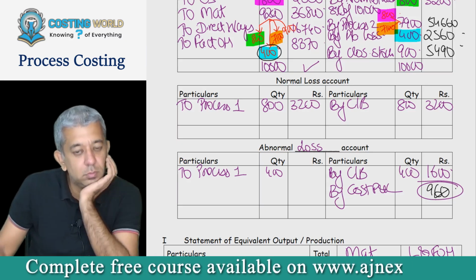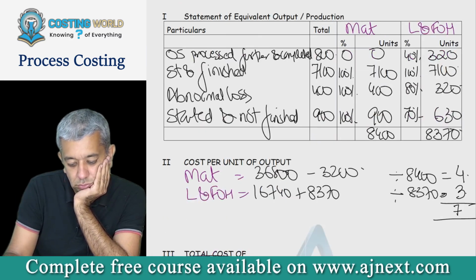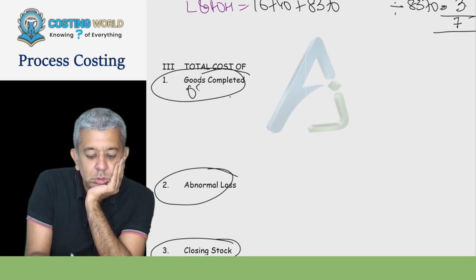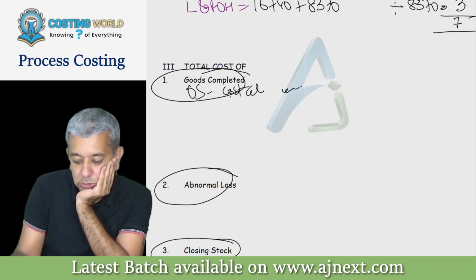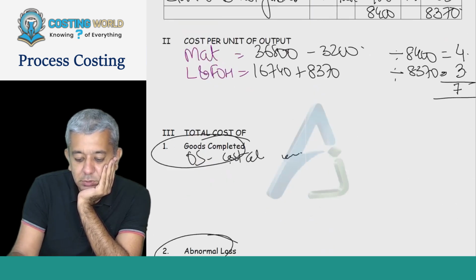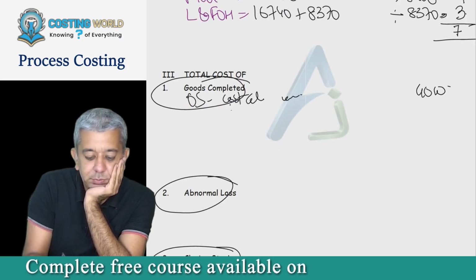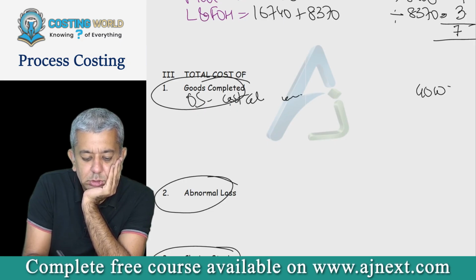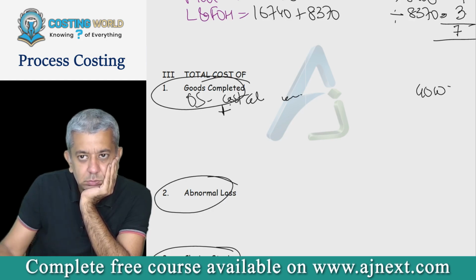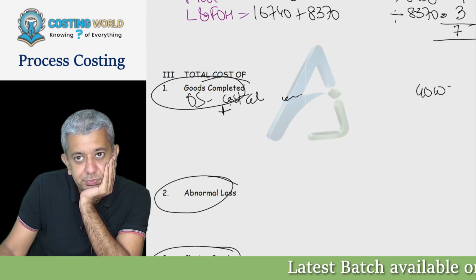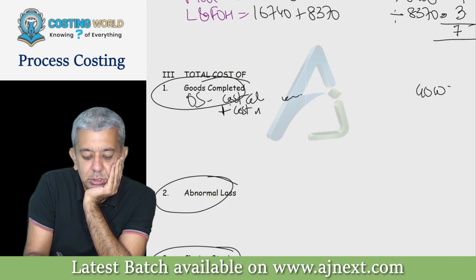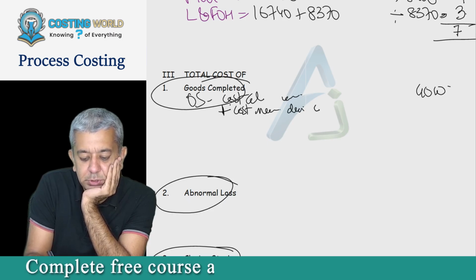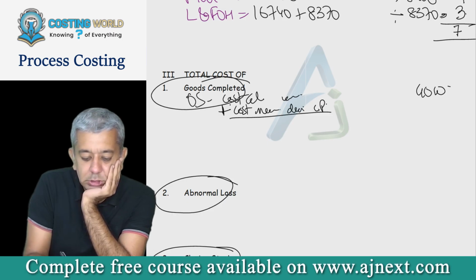Sir, can you please show the calculation of process 2? Opening stock, cost already incurred. That particular figure will be 4,000. Plus, you have attended the previous two lectures, right? Yes, sir. Okay. Plus cost incurred in current period: material, labor and overhead.